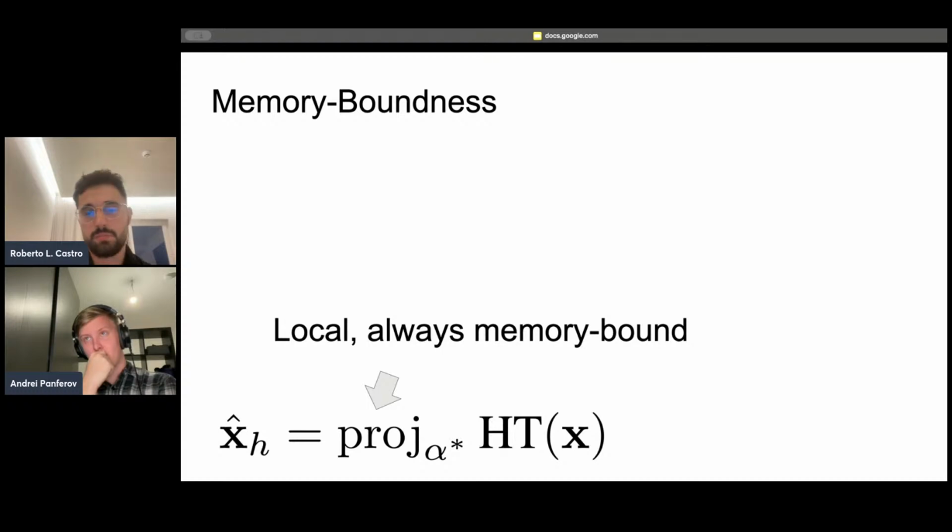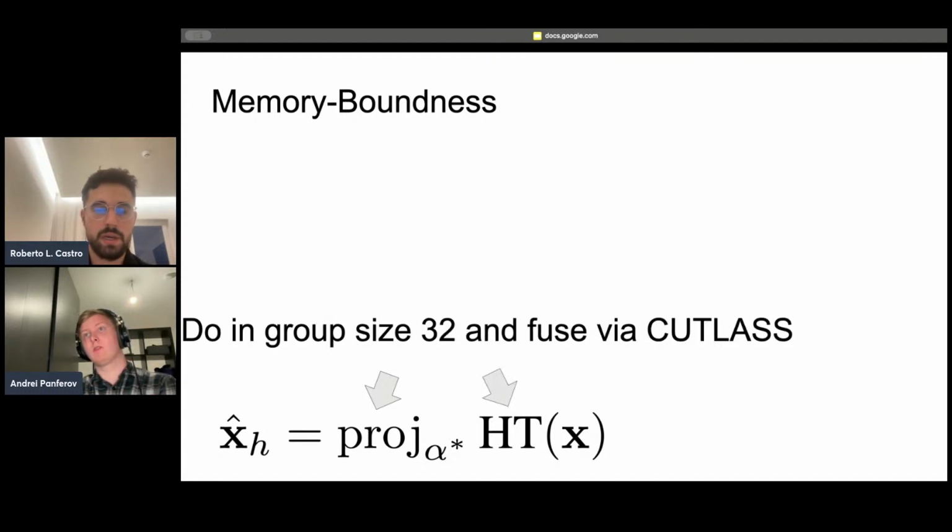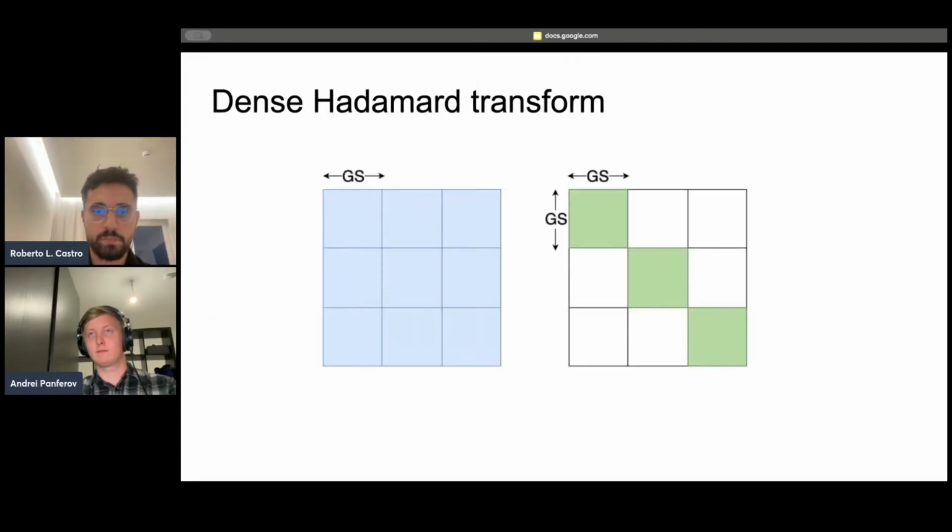This projection is also memory bound, and we solve this problem with a CUTLASS fused kernel for Hadamard sizes of 32, which are really small Hadamard sizes, but we found that they just work. We don't really need to use larger Hadamard sizes here to make our method work.